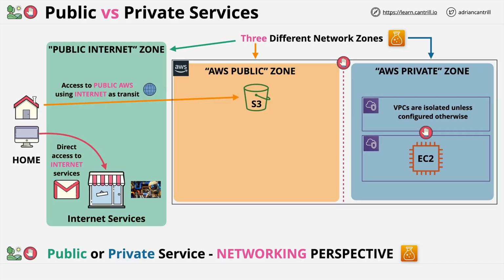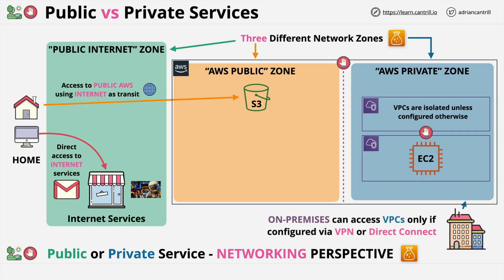Now I'm going to be covering this in depth later in the course, but you can also configure virtual or physical connections between on-premises networks and AWS VPCs. So private networks can be connected together, but again only if you decide to allow it. You can also create and attach an internet gateway to a VPC, which I'll be covering in depth later in the course. This provides a few additional pieces of functionality.